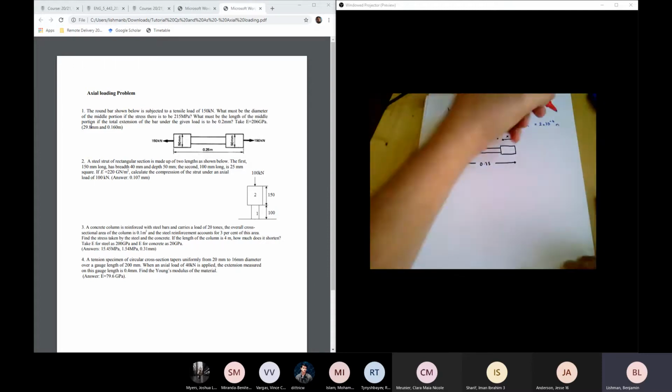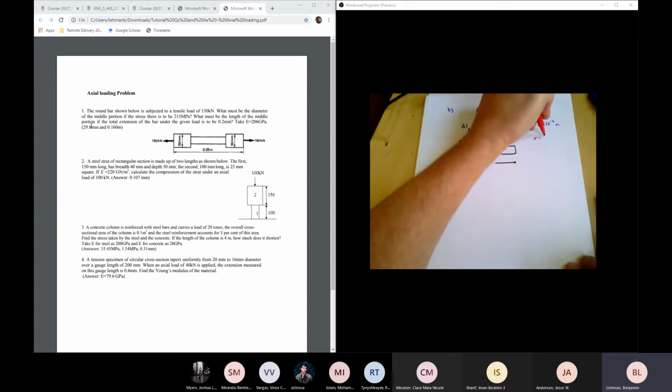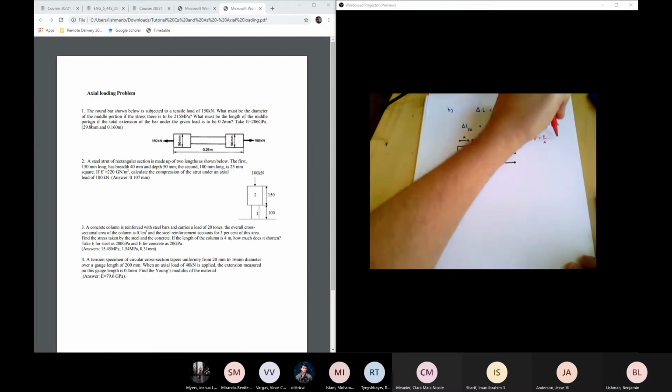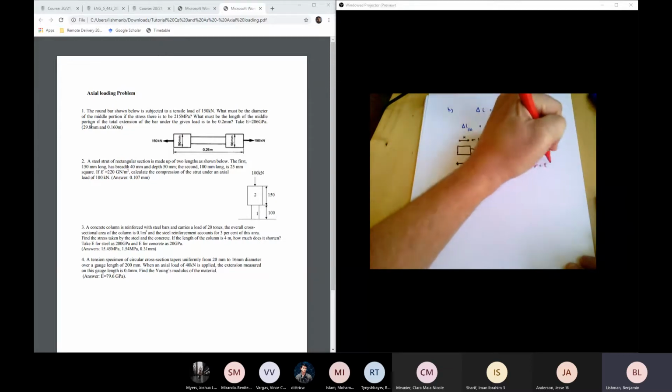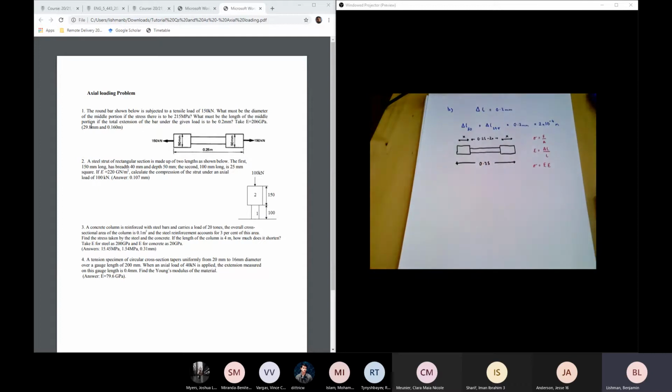Let's just write down again, stress is force over area. Strain is change in length divided by original length, and stress is Young's modulus times strain. And we're given a Young's modulus in the question, so we'll be able to work with that in the end.